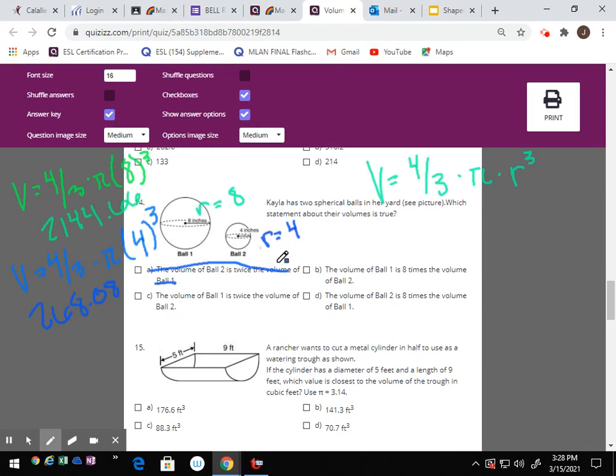Let's go to B. The volume of ball 1 is 8 times the volume of ball 2. So for answer choice B, we're going to take our volume for ball 2, and we're going to multiply it 8 times to see if it equals the volume of ball 1.